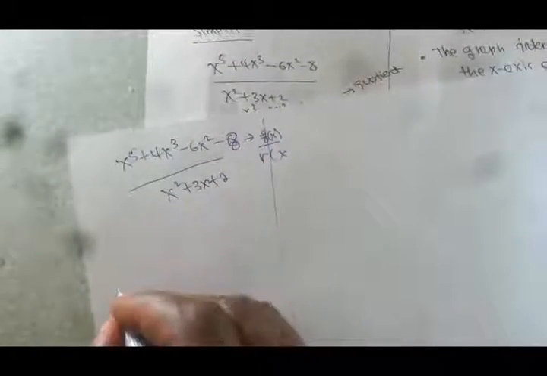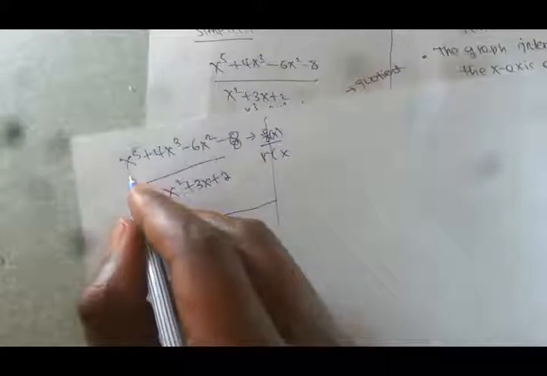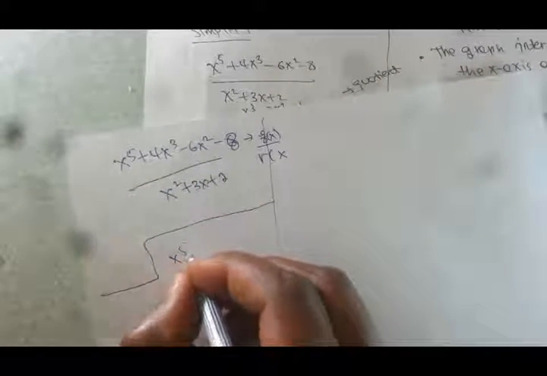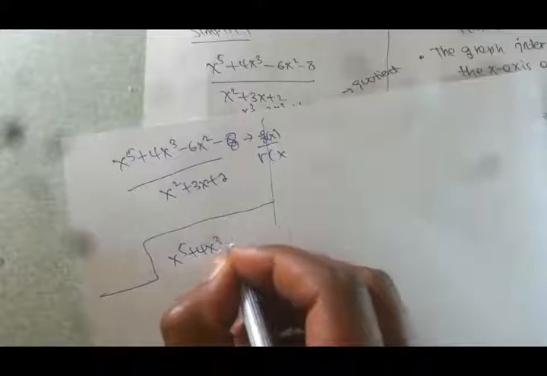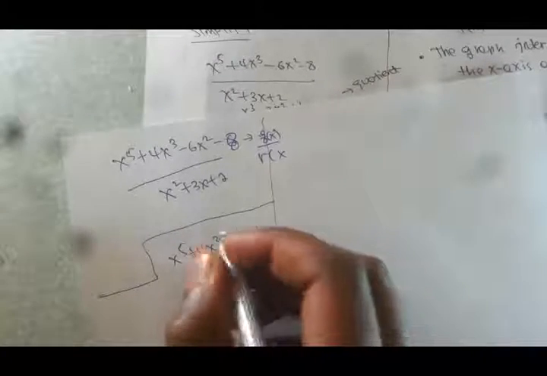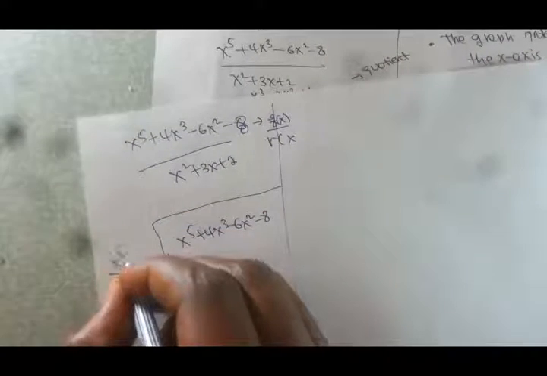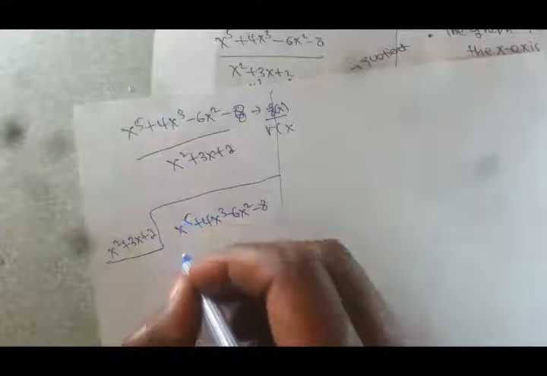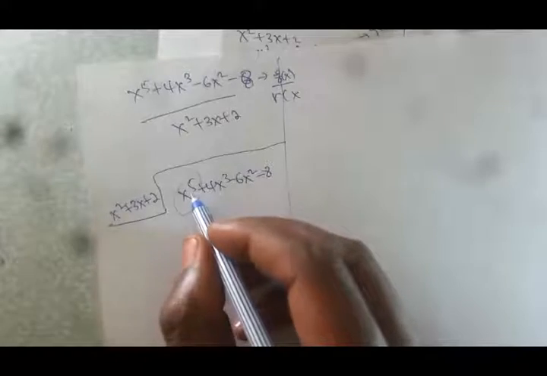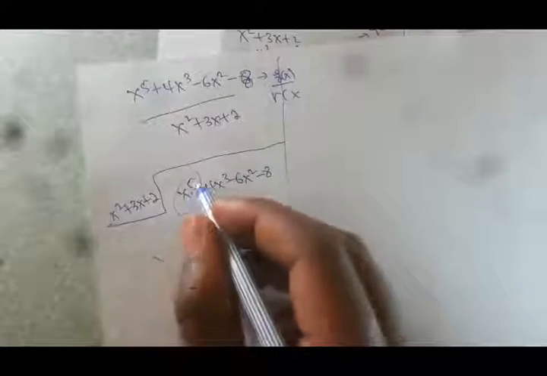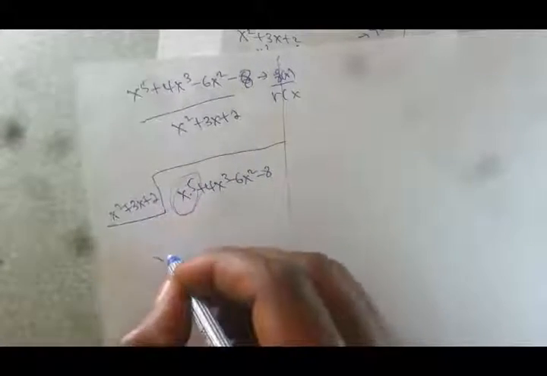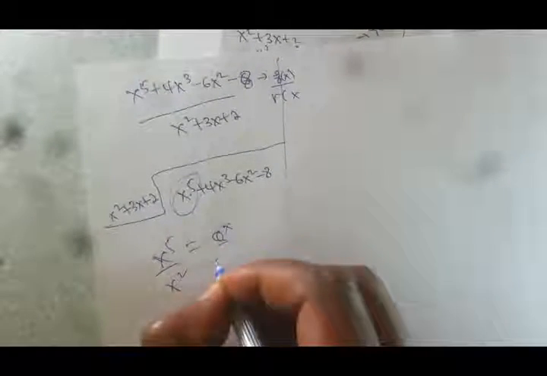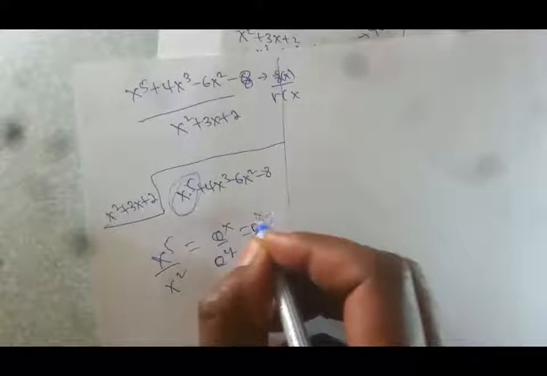So for the long division, this is our dividend, x raised to 5 plus 4x cubed minus 6x squared minus 8, and the divisor is x squared plus 3x plus 2. x raised to 5 is our highest degree, so first we make x raised to 5. When x raised to 5 is divided by x squared, we know that a raised to x over a raised to y is equal to a raised to x minus y.